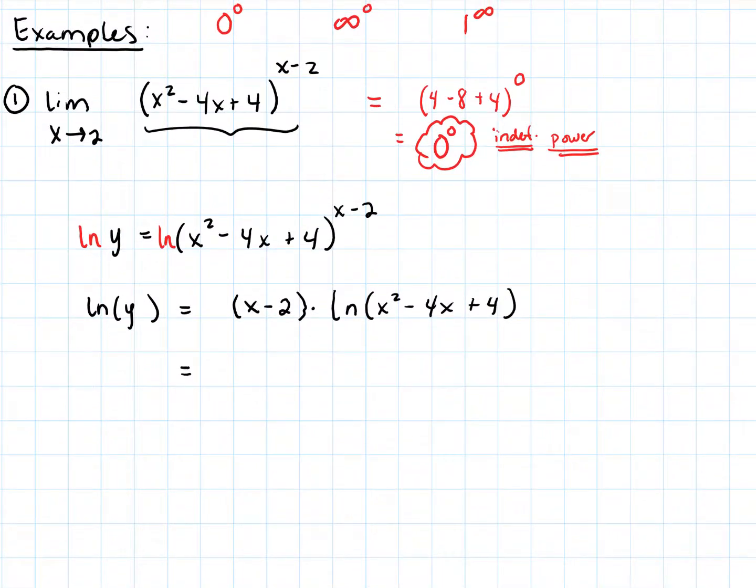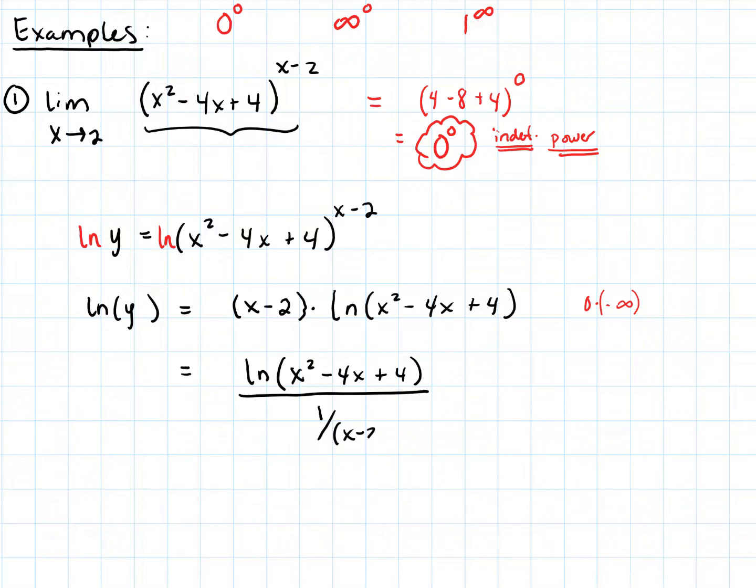So let's come back here. Same thing here. I could run the limit through this right now, but if I did, I'm going to end up with a 0 times a negative infinity, actually. And that's still indeterminate, it's just indeterminate of that product form. So before I even go back to the limit, I'm going to do a little bit of work here. Let's say this is the natural log of x squared minus 4x plus 4 divided by 1 over x minus 2.